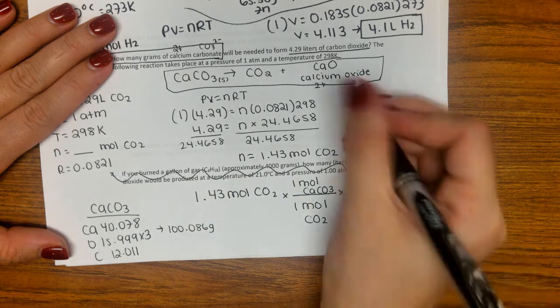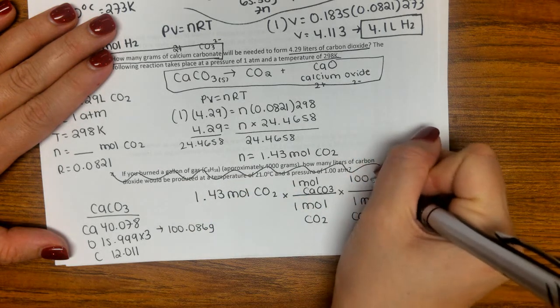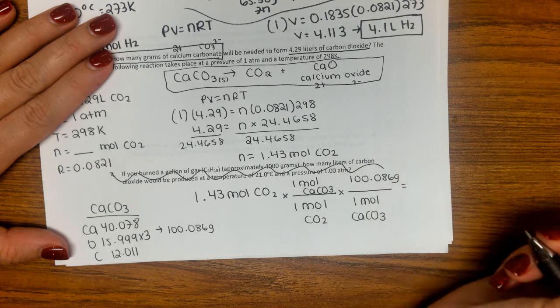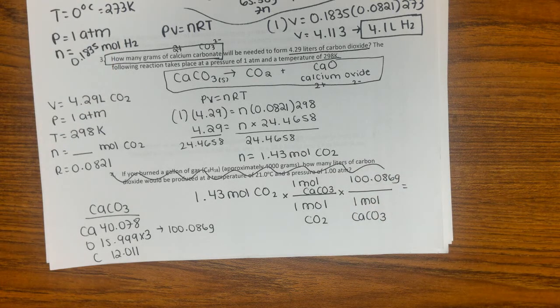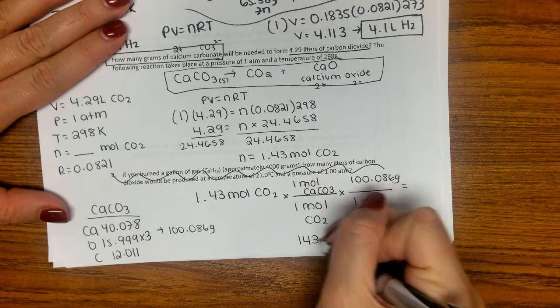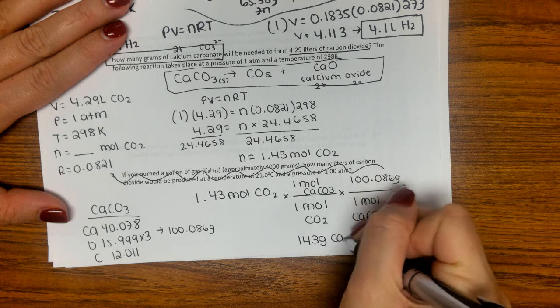So that's the molar mass of calcium carbonate. That is what comes up here. And then that will give me my answer. So 1.43 times 100.086. So my final answer is 143 grams of CaCO3.